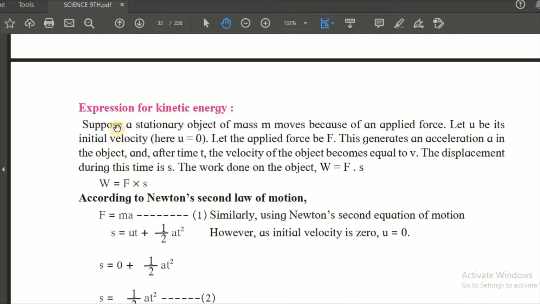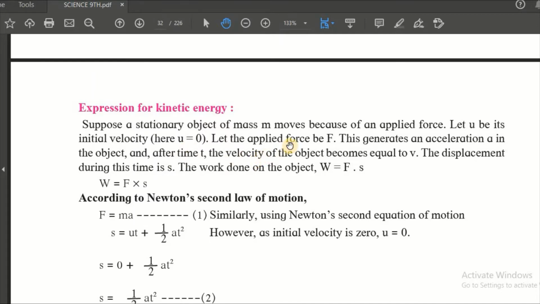Expression for kinetic energy. Suppose a stationary object, a constant object, whose mass is m, moves because of an applied force. Let u be the initial velocity, which we discussed in the last lecture. Here u is equal to 0.